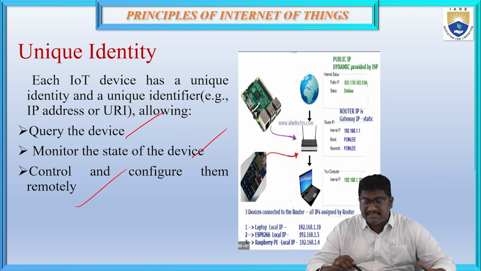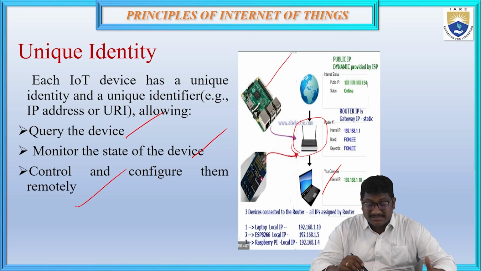There are three devices connected to a router. Here there is a router. From our IoT infrastructure, there are three devices connected. The first device is a laptop. The second one is a Raspberry Pi kit, and the third one is an ESP8266 device, which is a part of the IoT infrastructure.